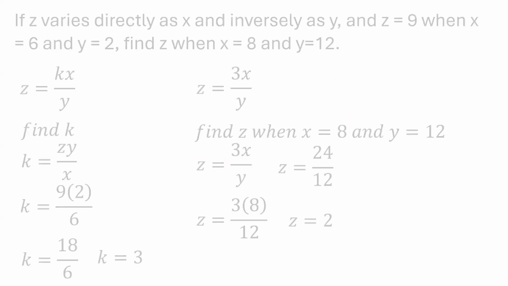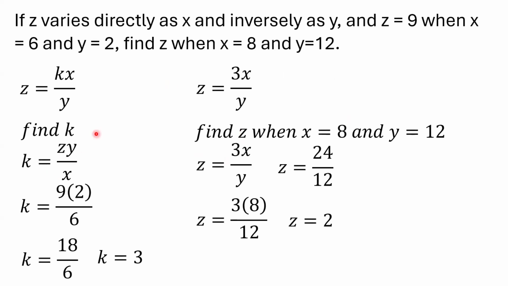Let's put these as the following examples. Notice I no longer made animations here so we can see it straight through. Just follow the red marker here so we don't get confused. If z varies directly as x and inversely as y, then z is equal to k multiplied by x over y.